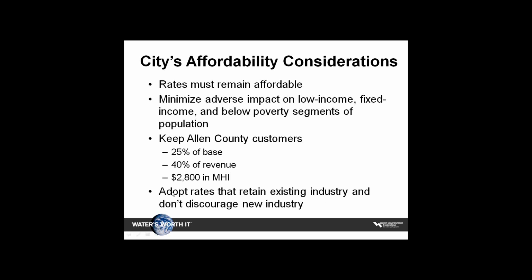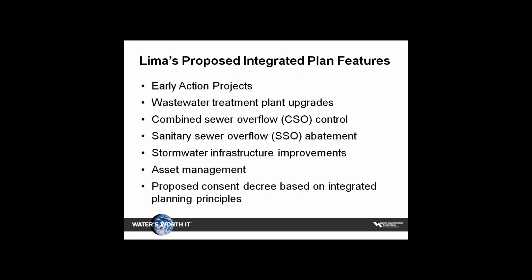We also have to maintain rates and structures that don't discourage our industry, so that we can retain that process. And so a lot of the concepts that the federal EPA is proposing, to just continue to shelter the at-risk customers, really has a real impact on all these other segments in our community.